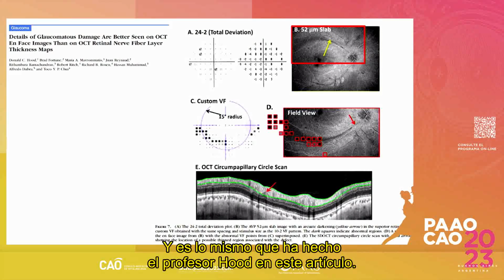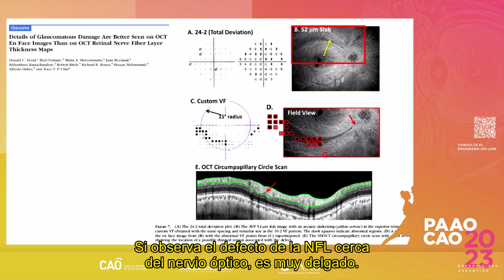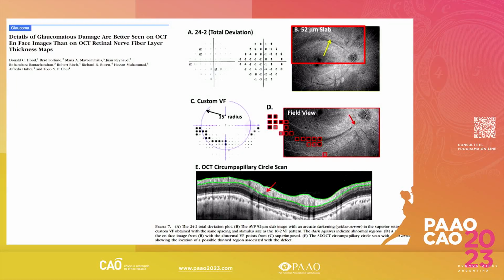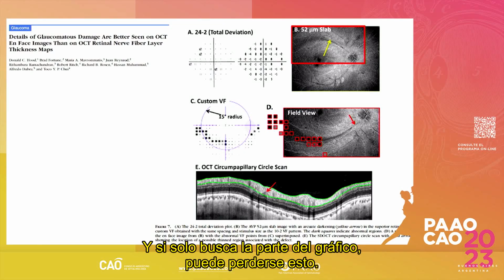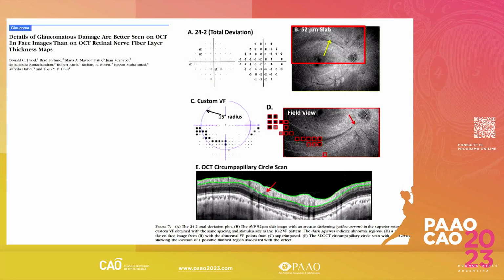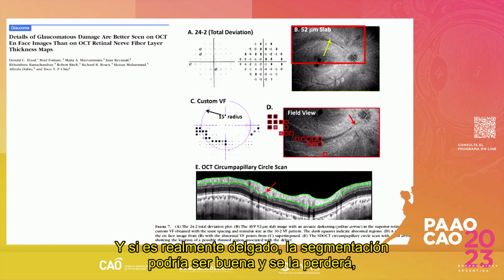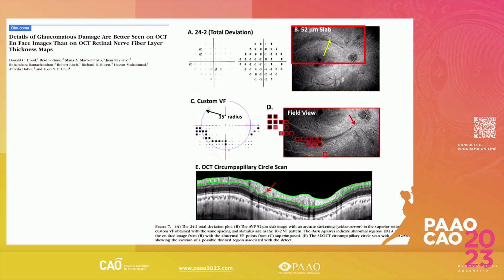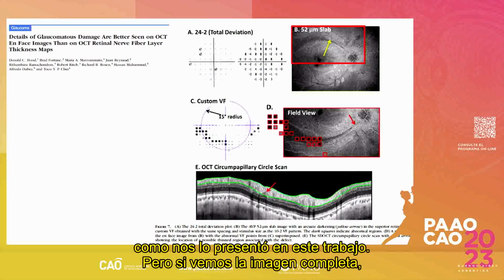And this is the same thing that Professor Hood has done in this paper. Again, if you look, the nerve fiber layer defect close to the optic nerve is very thin. And if you look only at the pizza chart, you can miss this. And if it's really thin, the segmentation could be not a good one, and you're going to miss it, as he was presenting in this paper.